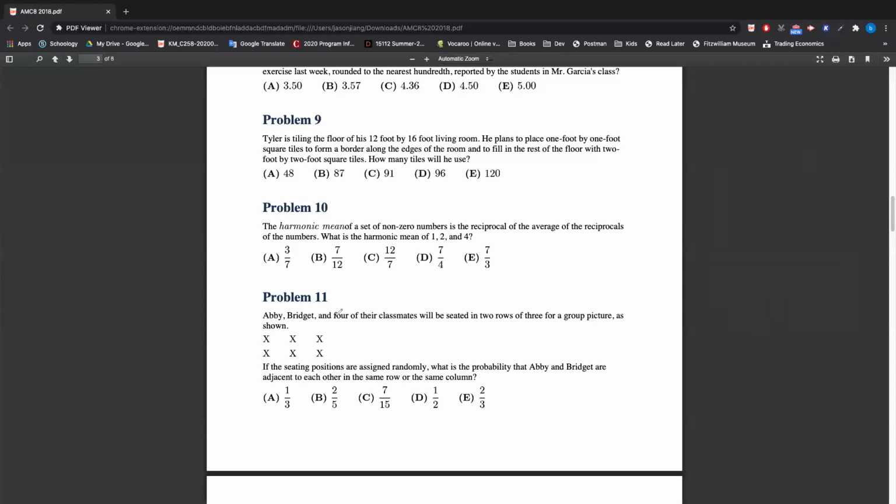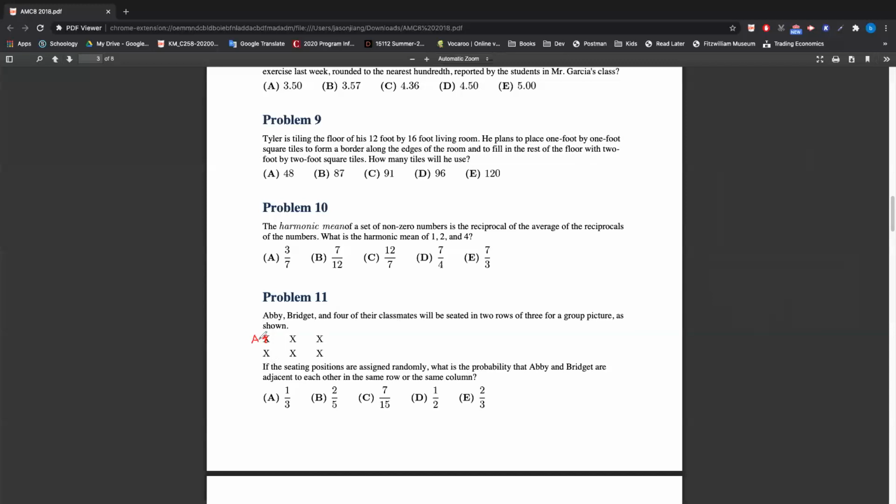Okay. We have Abby, Bridget, and 4 classmates who are going to be seated in these X's. And we want the probability that Abby and Bridget are adjacent, either in the same row or the same column. Okay. So let's just imagine that this X is actually Abby.